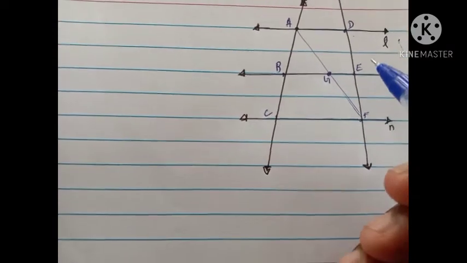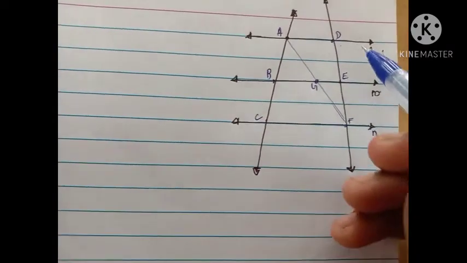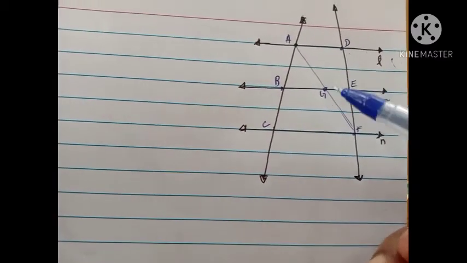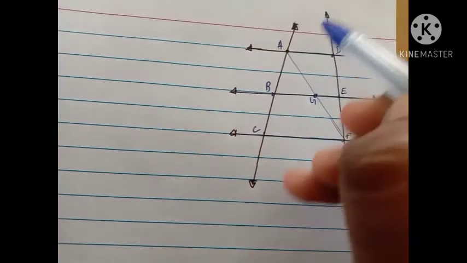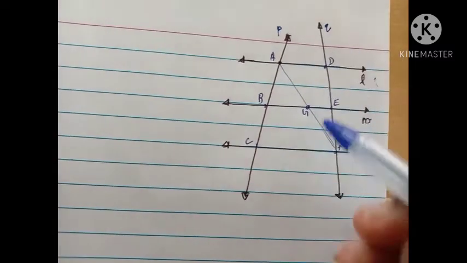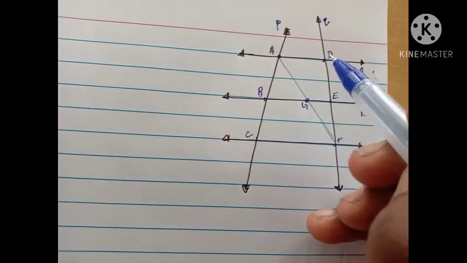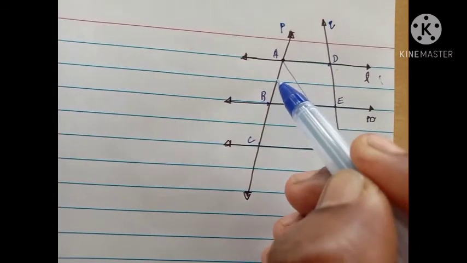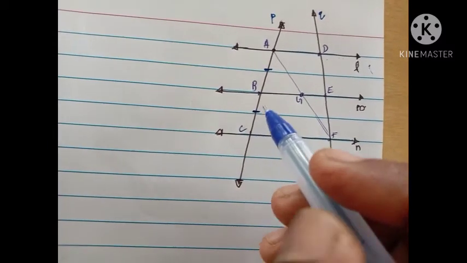In the question, it is given that L, M, N, these three lines, are parallel lines, and these parallel lines are cut by transversals P and Q. Also given that the lengths AB and BC are equal.